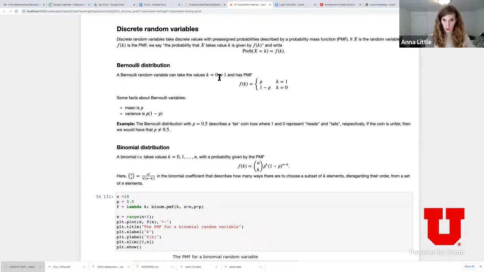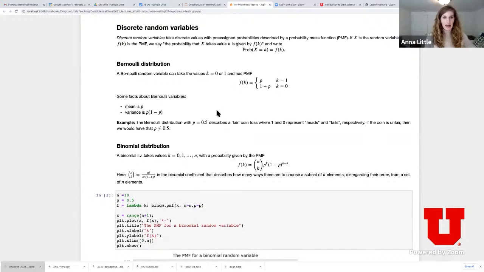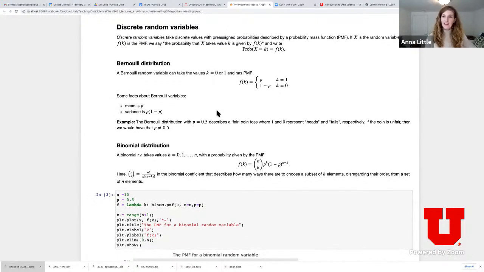The variable can be 0 or 1, so the PMF just takes on 2 different values, p and 1 minus p. You can think of p as the success probability when you have a random event, like a coin toss. For a Bernoulli, the mean is p, and the variance is p times 1 minus p.